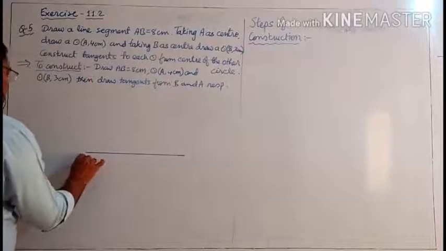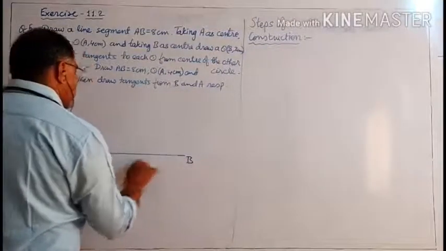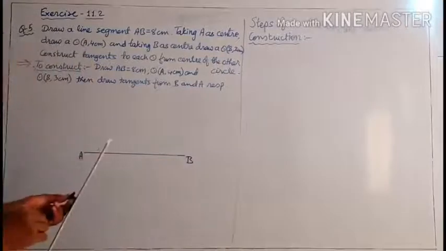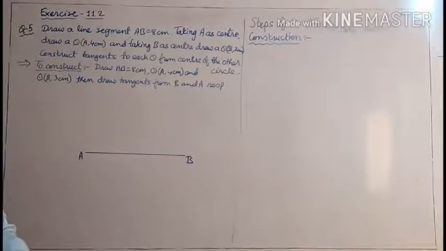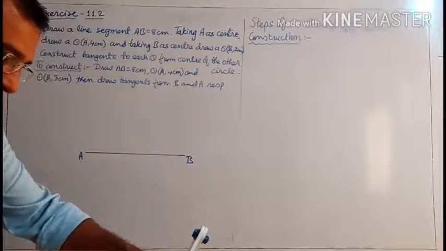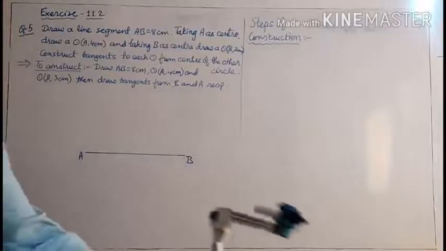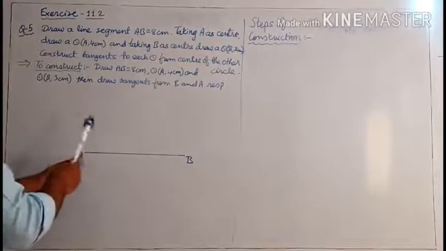This is the line segment 8 centimeter with AB as end points. Now we have to draw the circle taking A as a center and the radius is equal to 4 centimeter. So let's draw the circle.